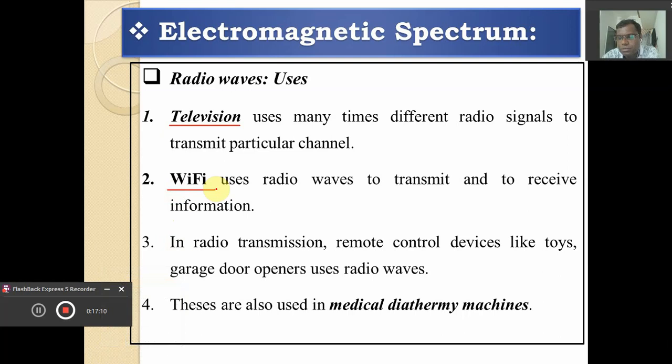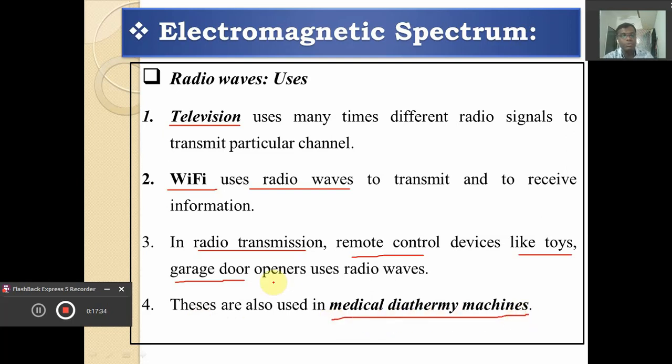Wi-Fi uses radio waves to transmit and receive data. In radio transmission also, remote control devices like toys and garage door openers use radio waves, and they are also used in medical diathermy machines.